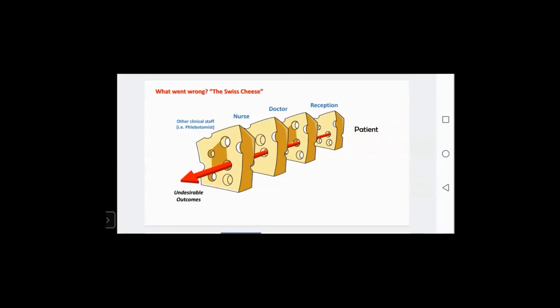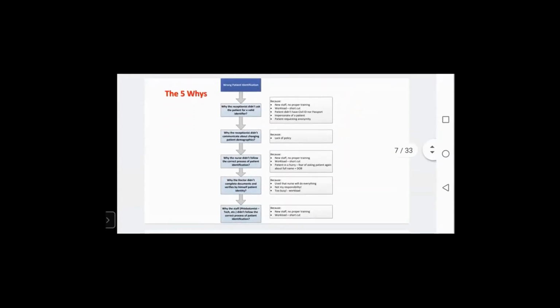If the reception did not complete the right patient identification, and the doctor did not confirm the patient identification, it will be missed. And if the nurse did not follow the policy, the error will also reach other clinical staff, and eventually there might be patient harm. Okay. Next.